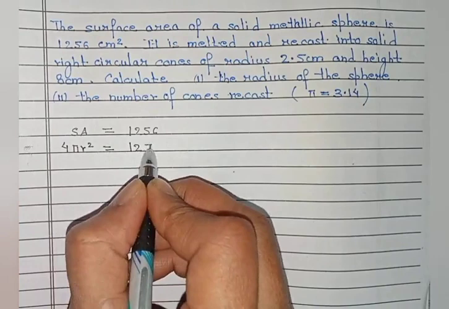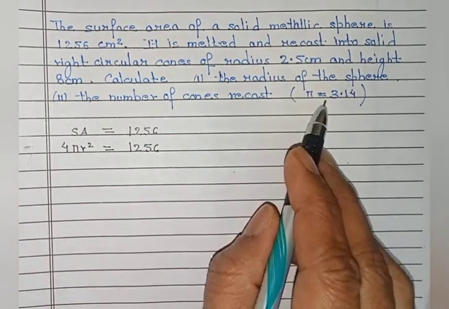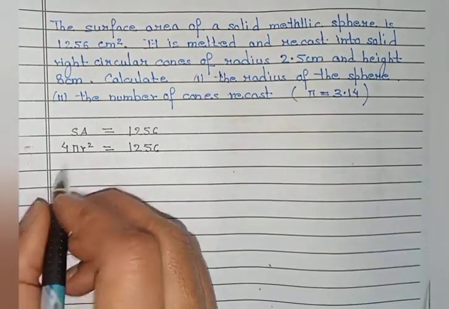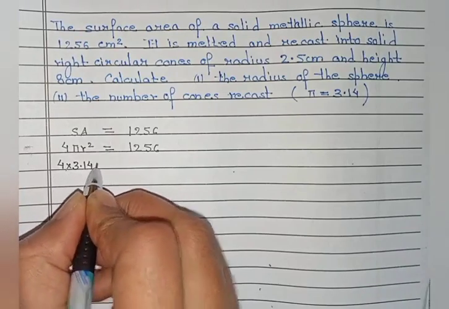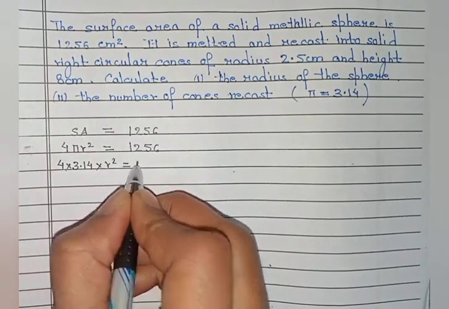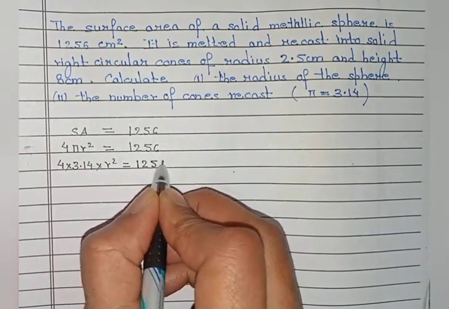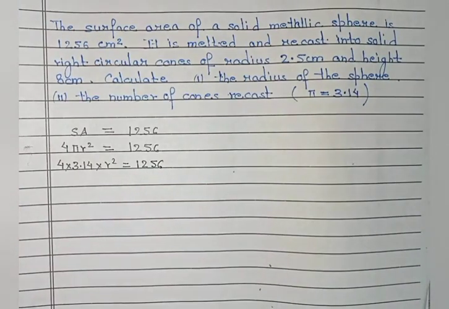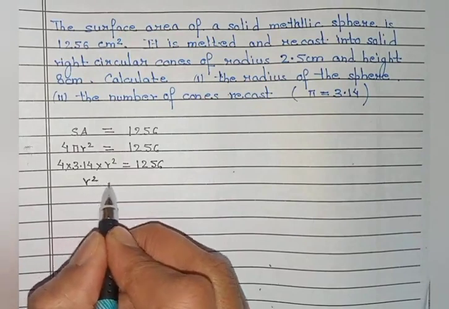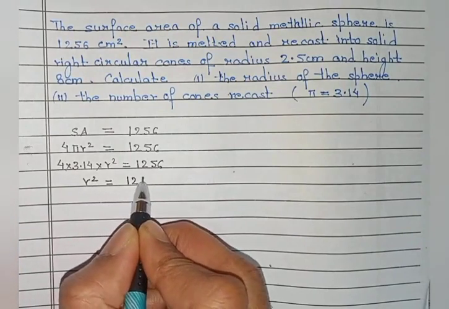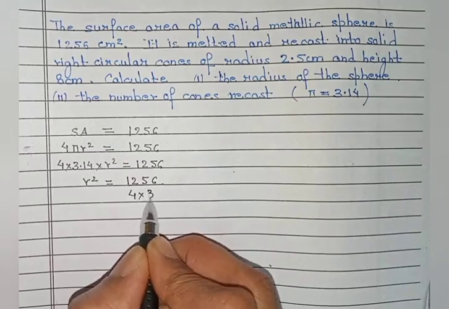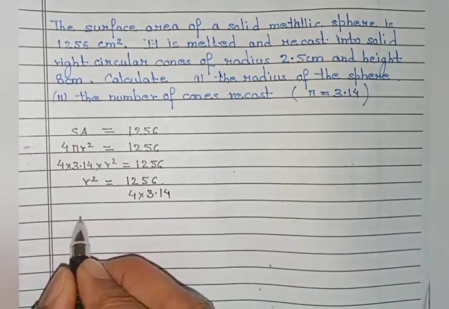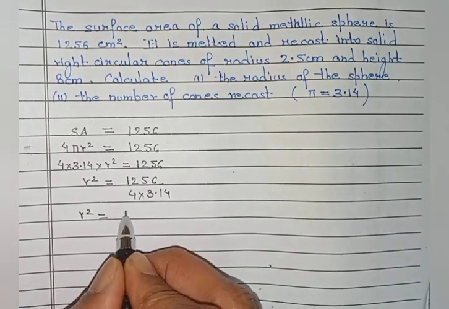So equating it with 4 pi r square, the value for pi is given as 3.14. So 3.14 r square is equal to 1256. So here r square will be equal to 1256 upon 4 into 3.14.